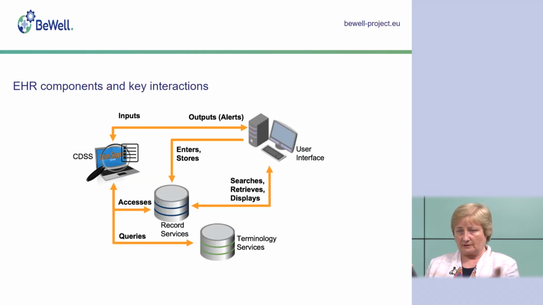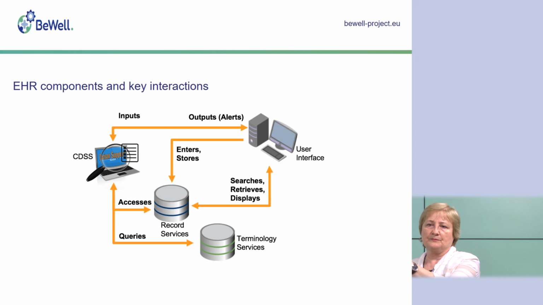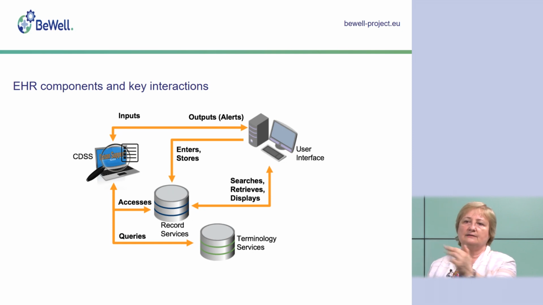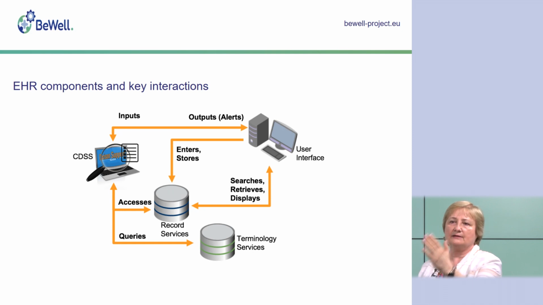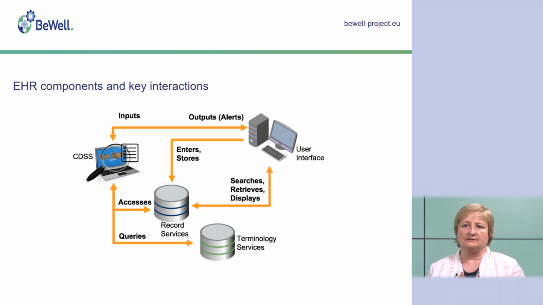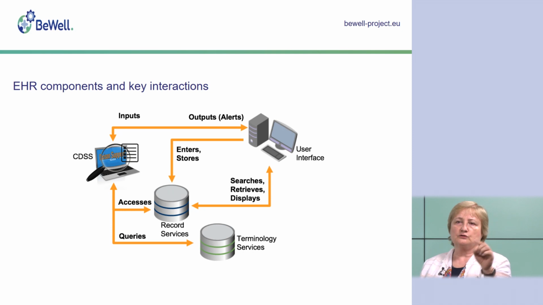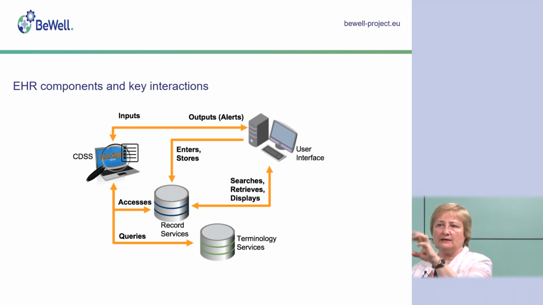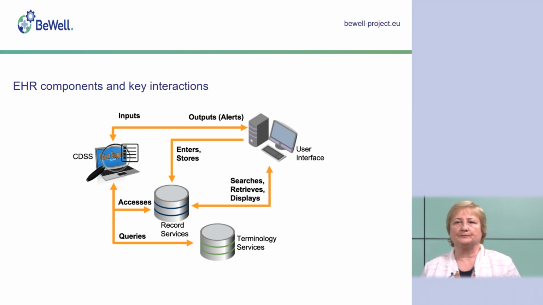These are the key components and key interactions: the input and the output alerts, and also access to terminology services, record services, CDSS, and searches, retrieves, and displays. Every one of these components has key interactions with the others.